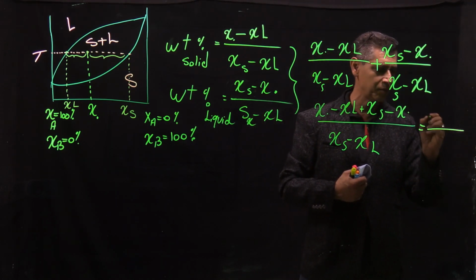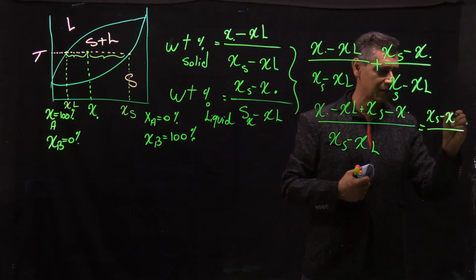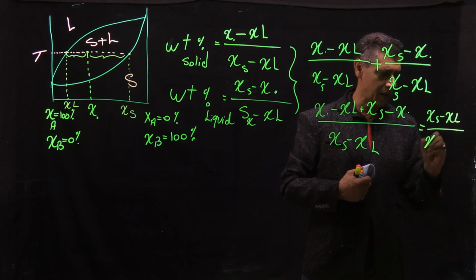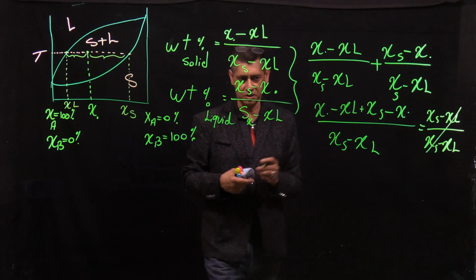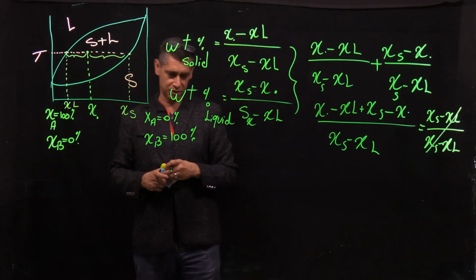The answer is X sub S minus X sub L divided by X sub S minus X sub L, which is 1. That's obvious. So the math is very basic.